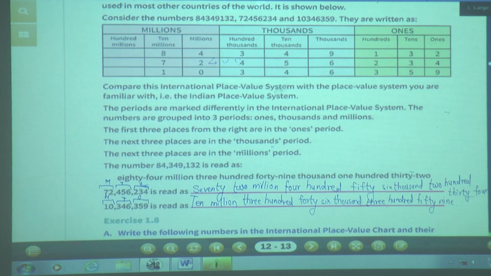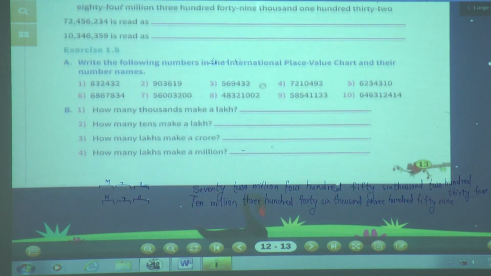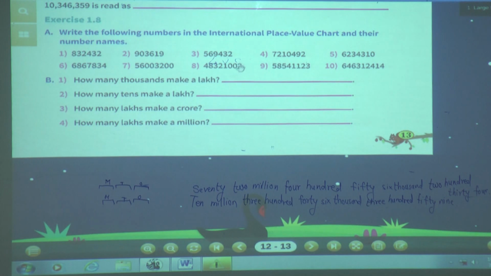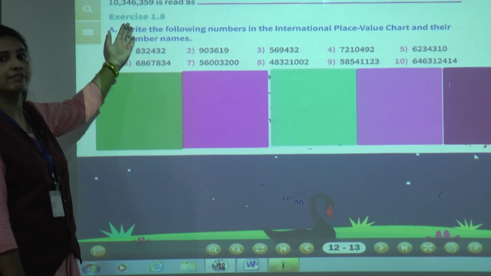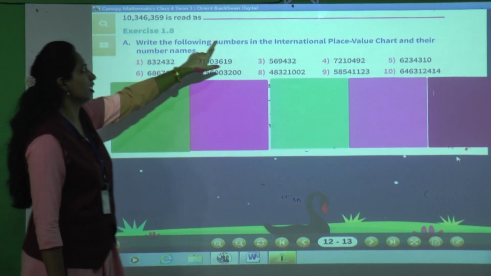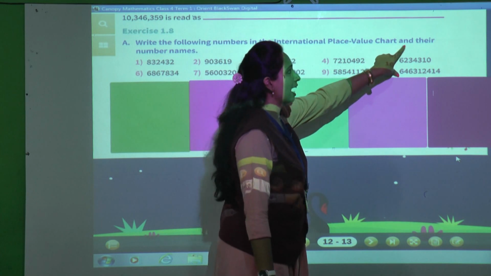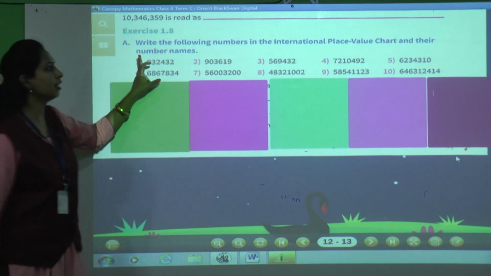Now we will move to the next, that is our exercise 1.8. Let us start. What is the first question? Write the following numbers in the international place value chart and write their number names.